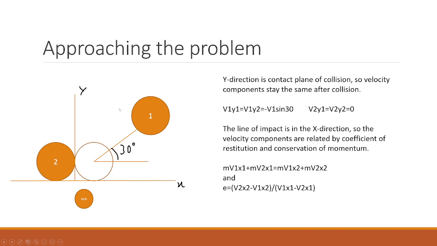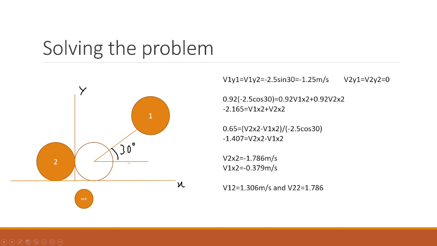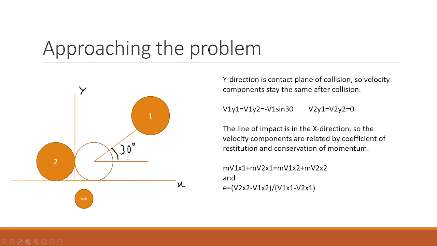First off, we have to see how to approach this problem. From the graph on the left here, we can see that the contact plane of the collision is in the y direction, and because of that, we know that the velocity components in the y direction will stay the same after the collision. So we get these equations here.